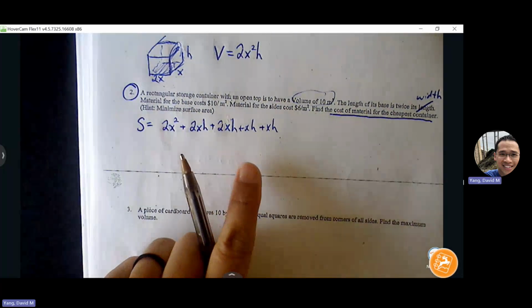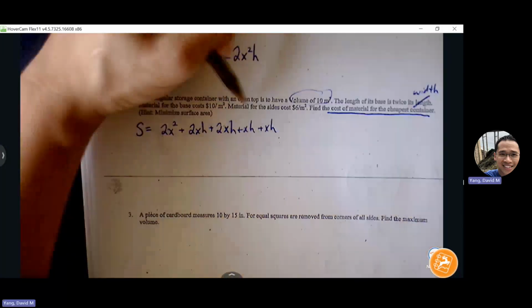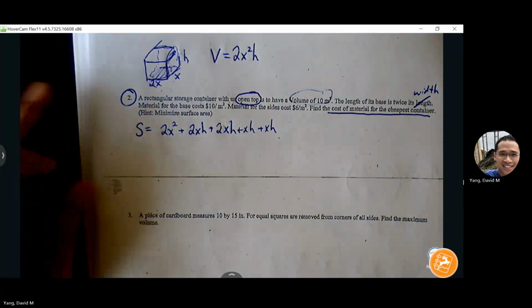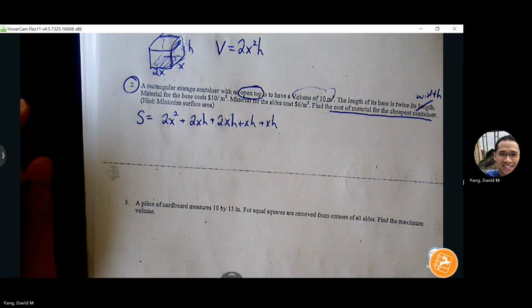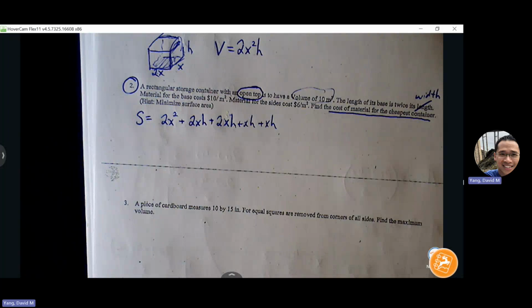Do we have another 2x squared? Why? It's an open top. So 2x squared is for the base. 2xh is for the larger vertical side. Another 2xh is another vertical side, and then xh. Can you combine all the xh?